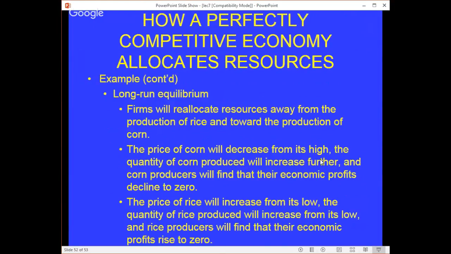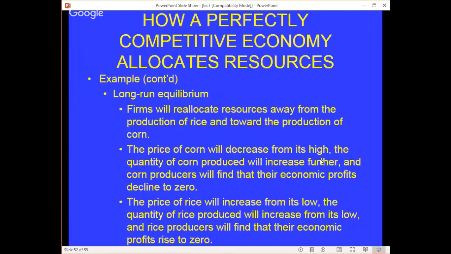Firms will reallocate resources away from the production of rice toward the production of corn. So the supply curve for corn will shift to the right, and the supply curve for rice will shift to the left.